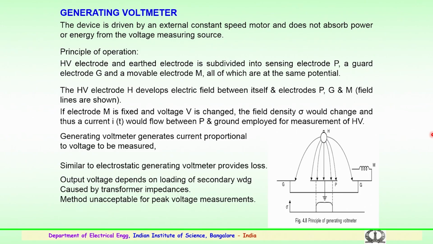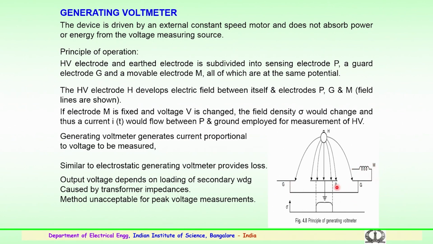So, the principal of operation: here are the high voltage electrode and the earthed electrode. The earthed electrode is subdivided into a sensing electrode, which is shown here and is known as P, a guard electrode at both the ends, and a movable electrode M, which you can see here.